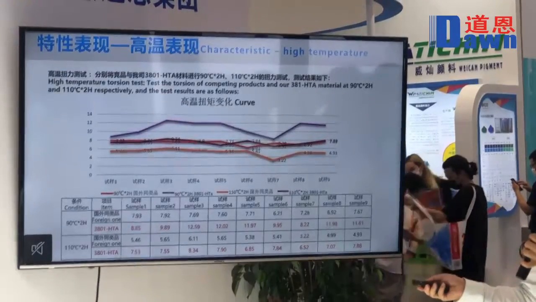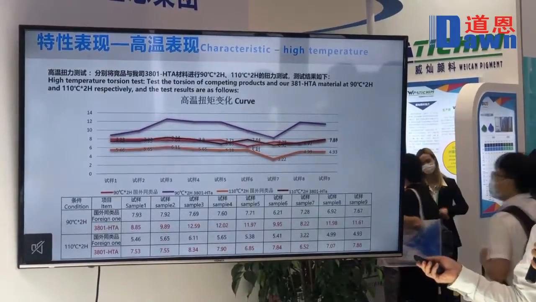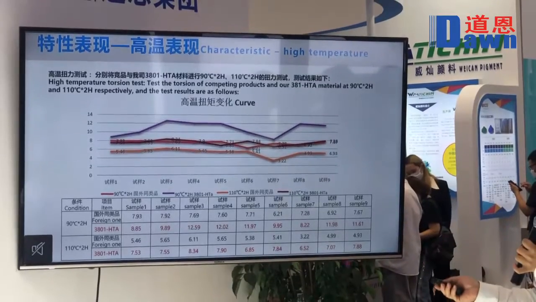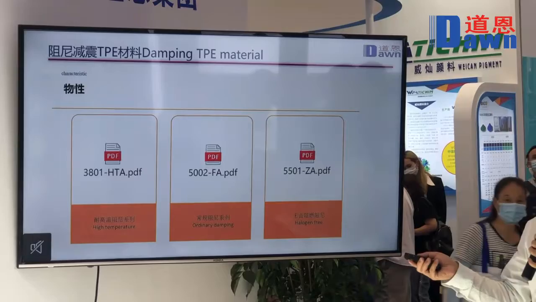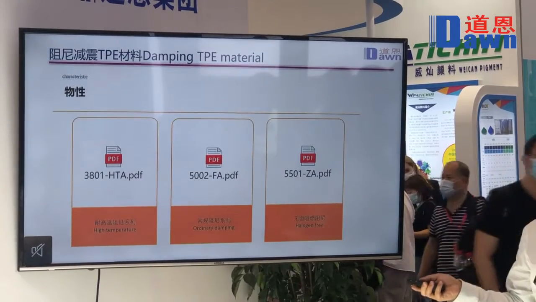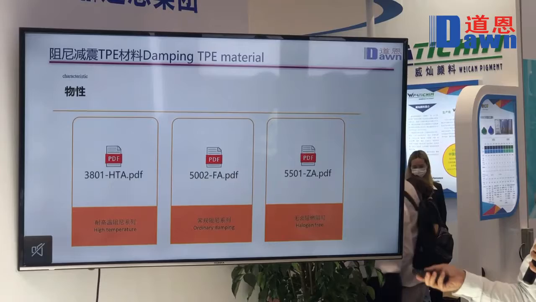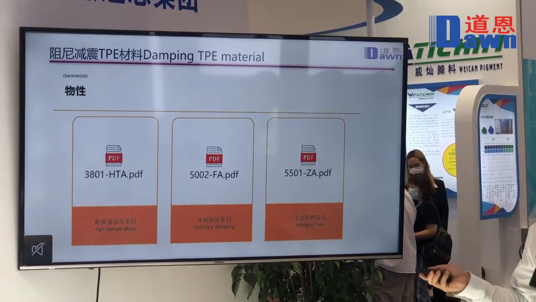Those three materials can be matched with a different application. The first one can be used for the high temperature environment. The second one is used in a general dampening. The third one can be used for flame retardant usage.